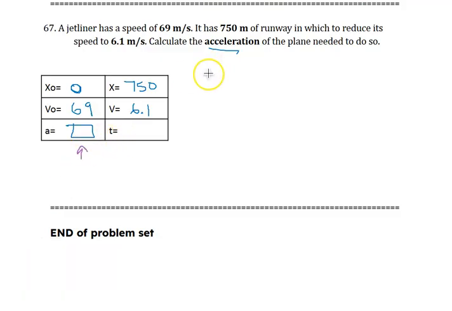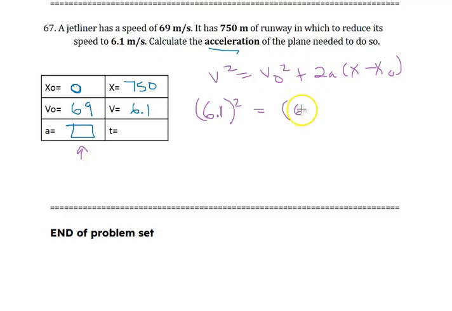We really want the acceleration. So V final is 6.1. V initial is 69. We care about A, and we have 750 meters of runway.